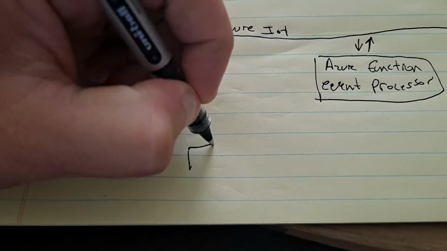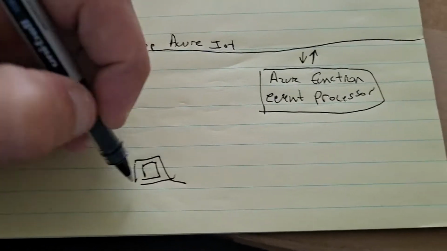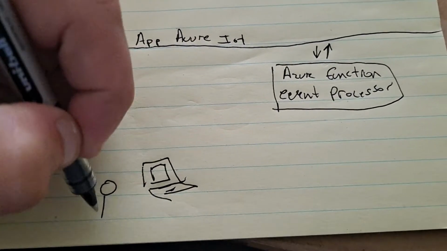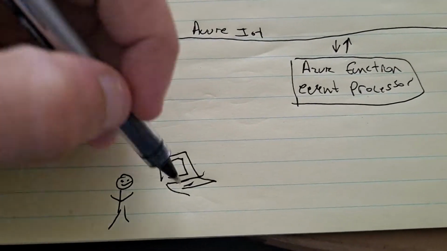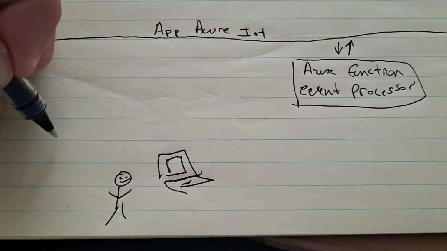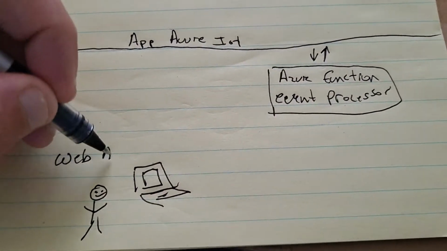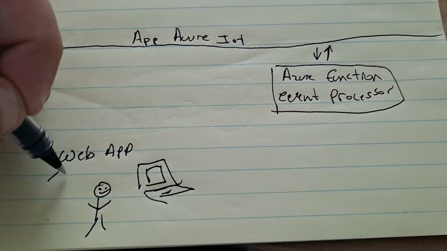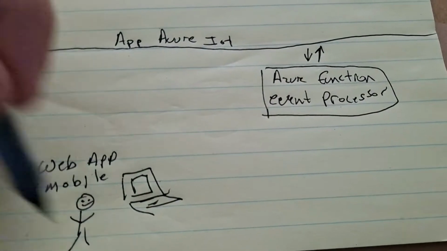And then down here, we've got a computer, and we've just got a front end. Here's our users, a happy user, super excited. We've got an Angular web app, and we don't have it yet, but mobile, just the client UI, basically.